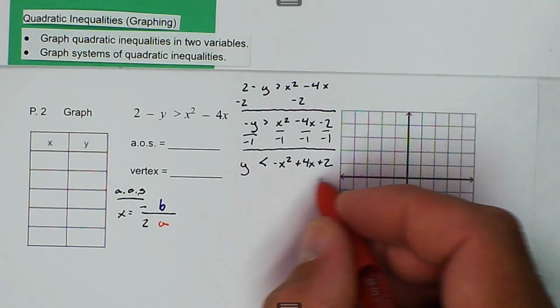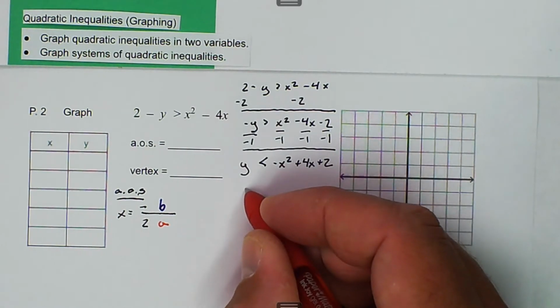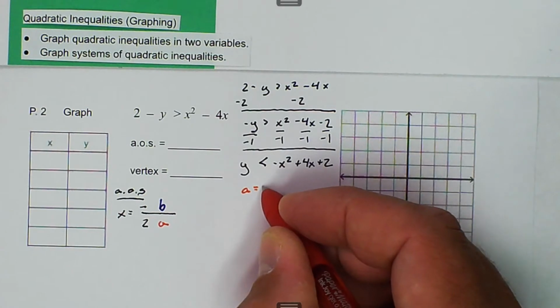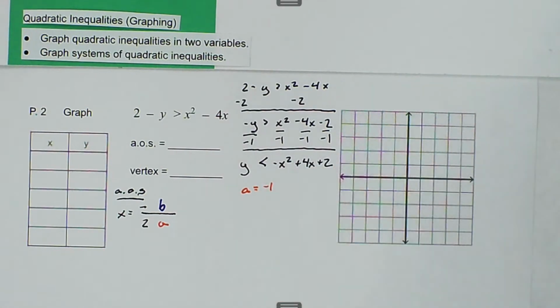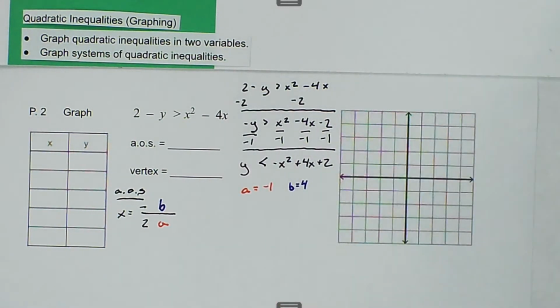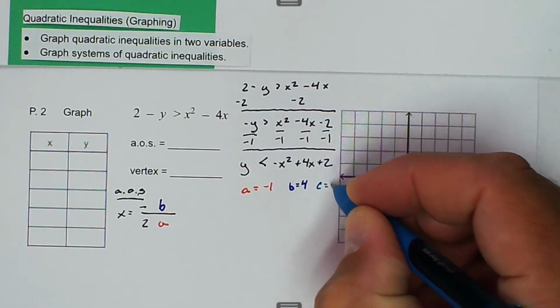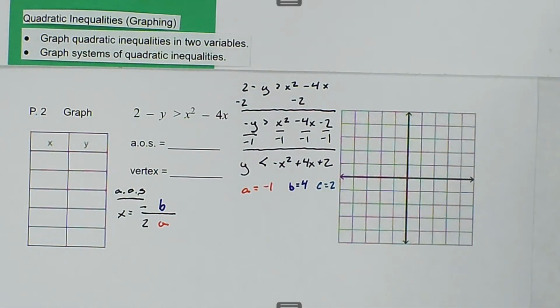So from our new form of the quadratic inequality, we know a is equal to -1, b is equal to 4, and c is equal to 2. And we can substitute those values in.